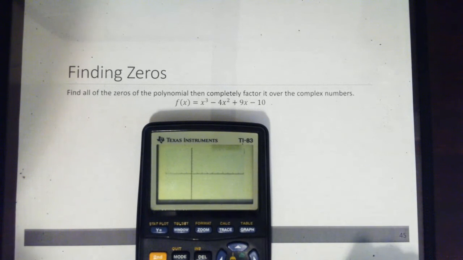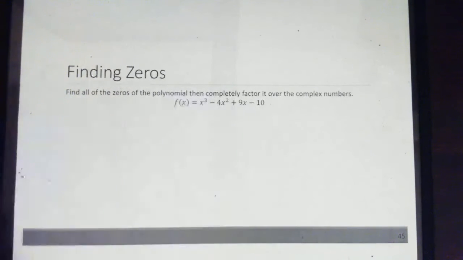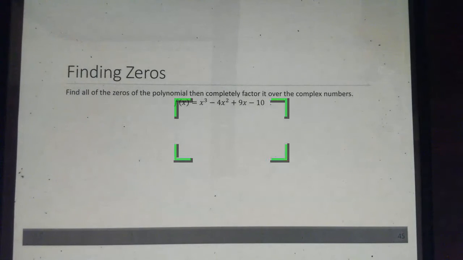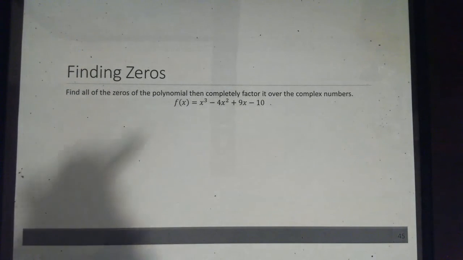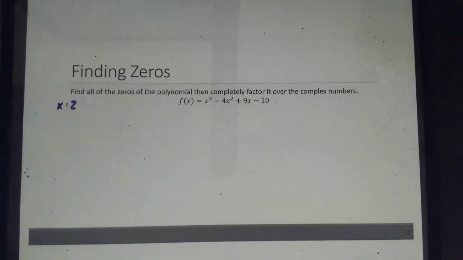If I look at my graph, my window seems to be a little off, but I can still see one of these zeros. If I calculate the zero, it looks like it's between 1 and 3. I'm going to guess that it's 2. Yeah, it says that it's 2. So it looks like x equals 2 is one of my zeros.